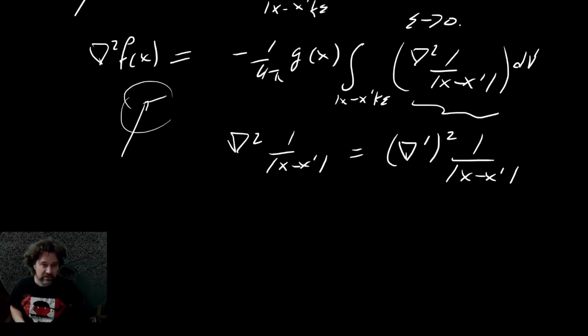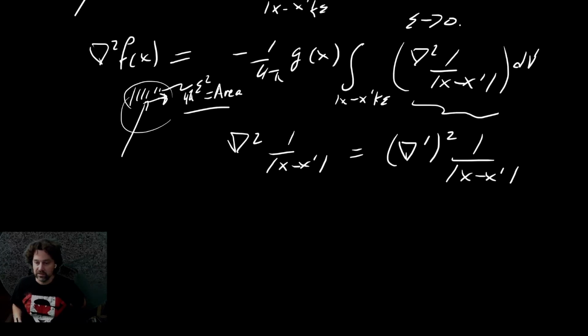And specifically, we have a surface that has area 4 pi epsilon squared. That's the area of this surface. So we change this from a volume integral into a surface integral.